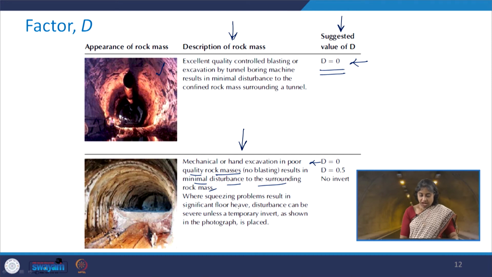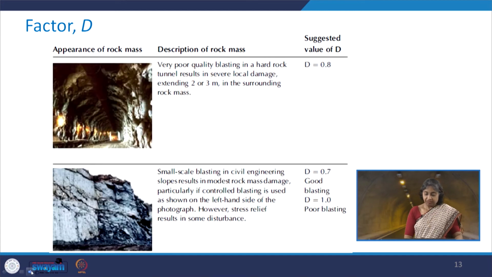If you have a squeezing ground condition, then the disturbance can be severe unless you provide a temporary invert, which is shown here. You can see that this portion is the temporary invert which is provided. In that case, one needs to go for a larger value of D, that is 0.5.